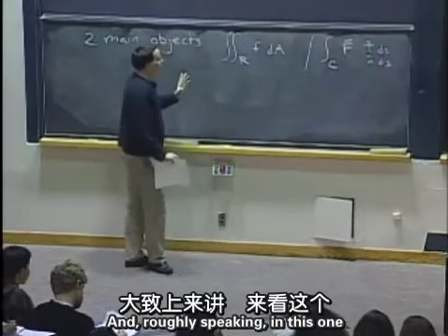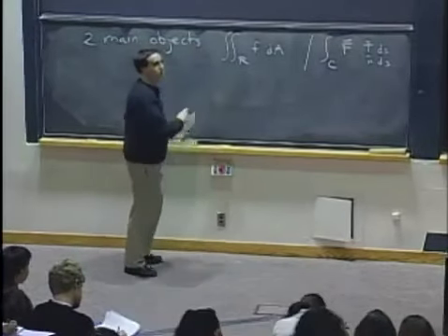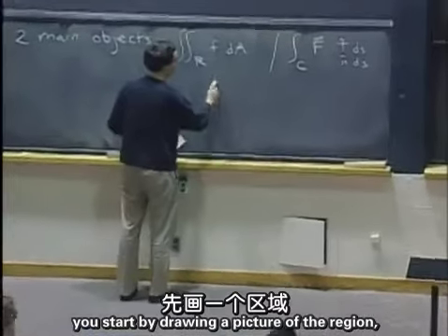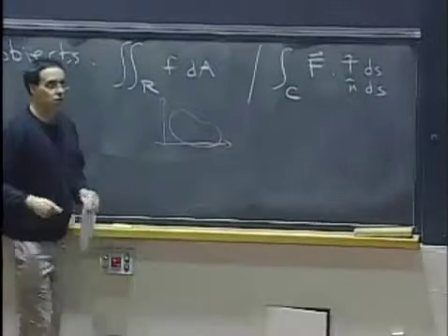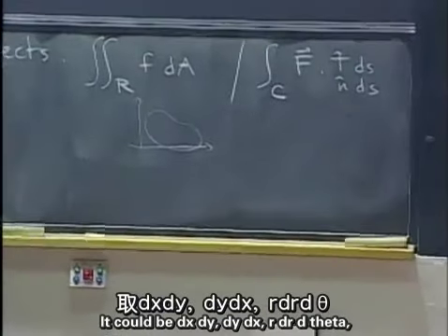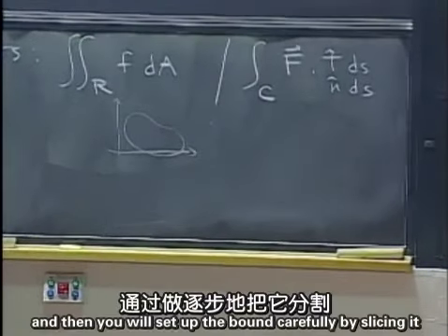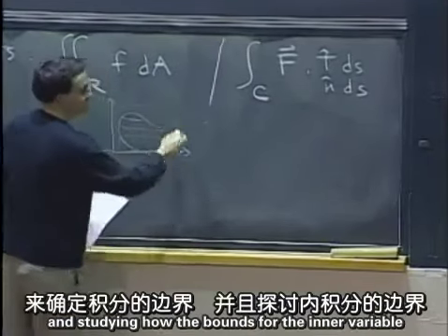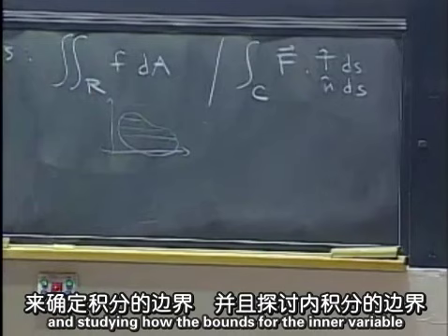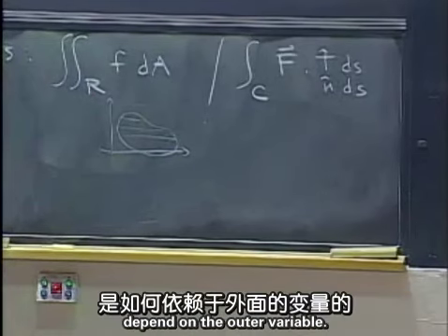And roughly speaking, in this one, you start by drawing a picture of the region, then deciding which way you will integrate it. Could be dx dy, dy dx, r dr d theta. And then you will set up the bounds carefully by slicing it and studying how the bounds for the inner variable depend on the outer variable.